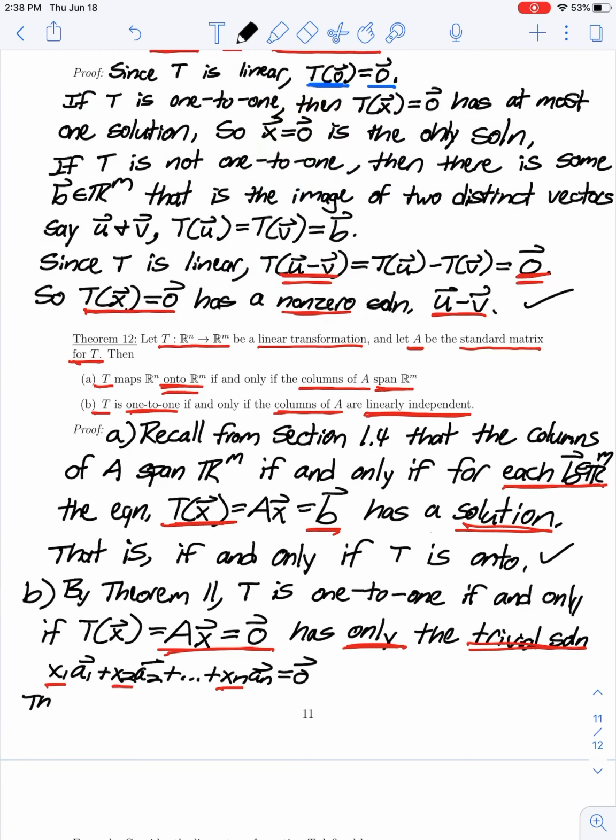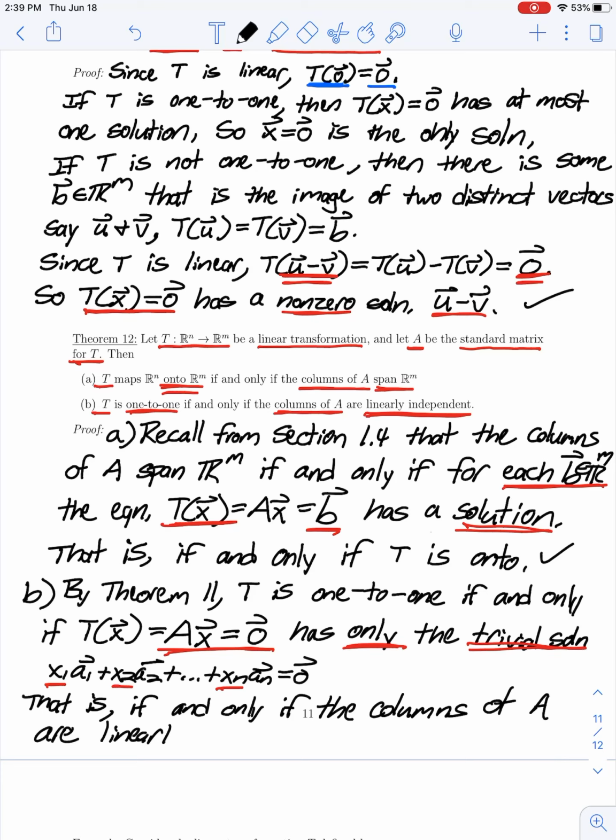So we can say that is if and only if the columns of the matrix A are linearly independent.